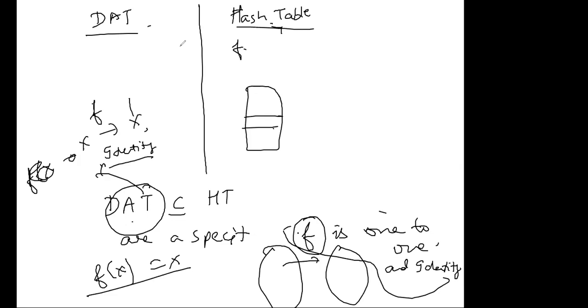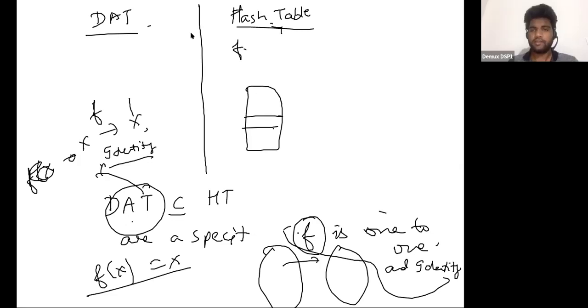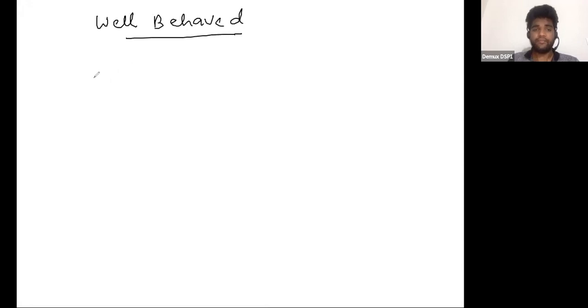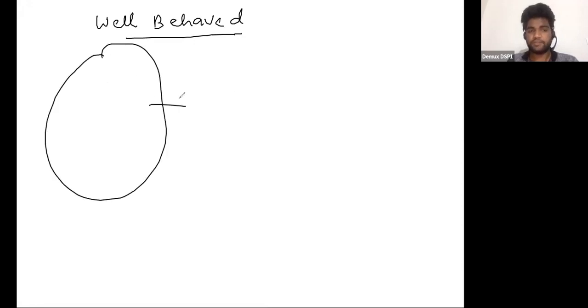How to decide the function? That's a good question. There has been a lot of research on how to go about choosing a hash function which gives you this well-behaved property that we are talking about, and there has been research by mathematicians. When you want to contain the entire output to a specific range, you could do modulo, right?